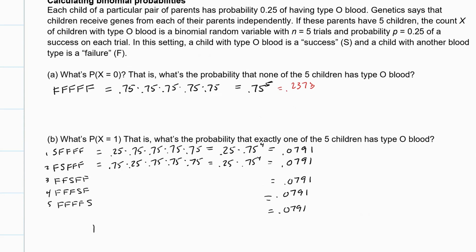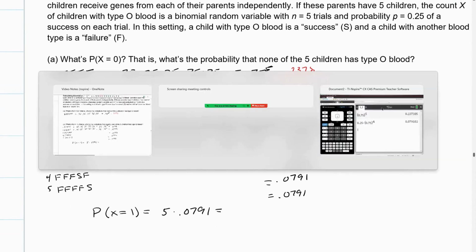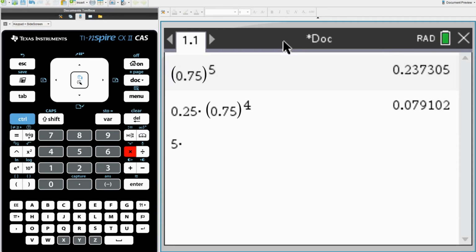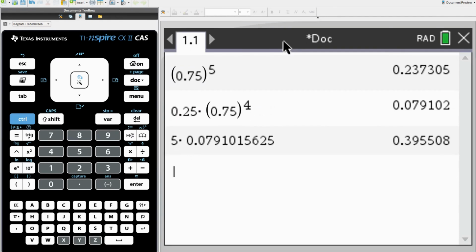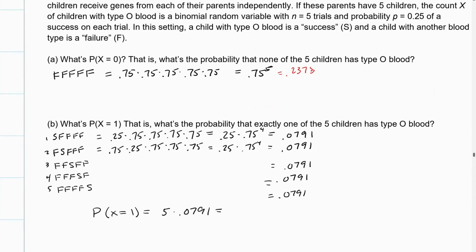So we could say that the probability of having exactly one success is five times 0.0791, five times that number, and that gives us 0.3955.